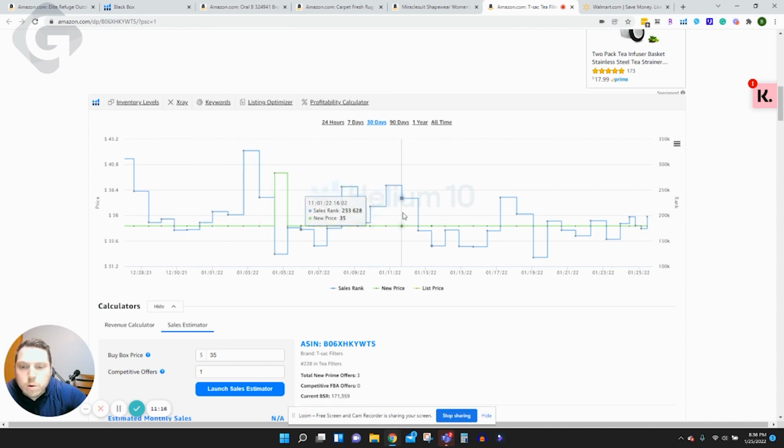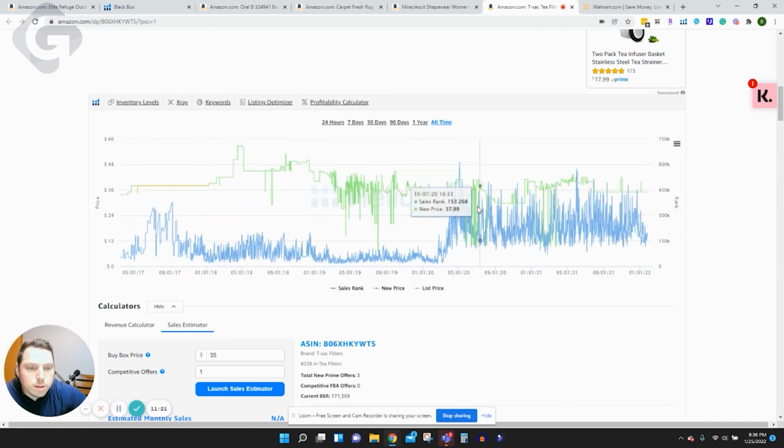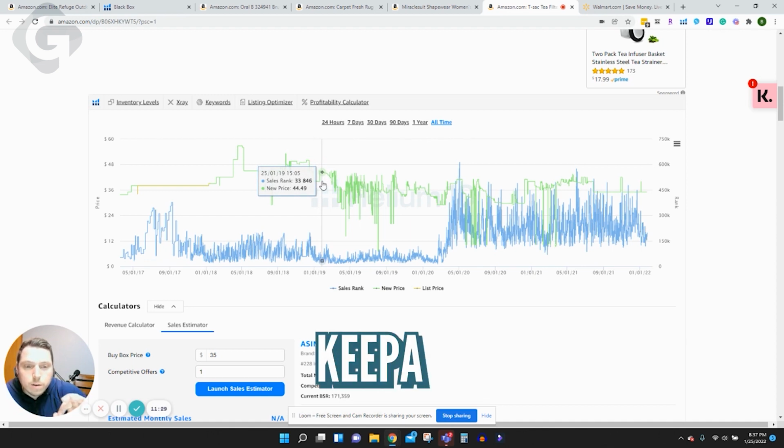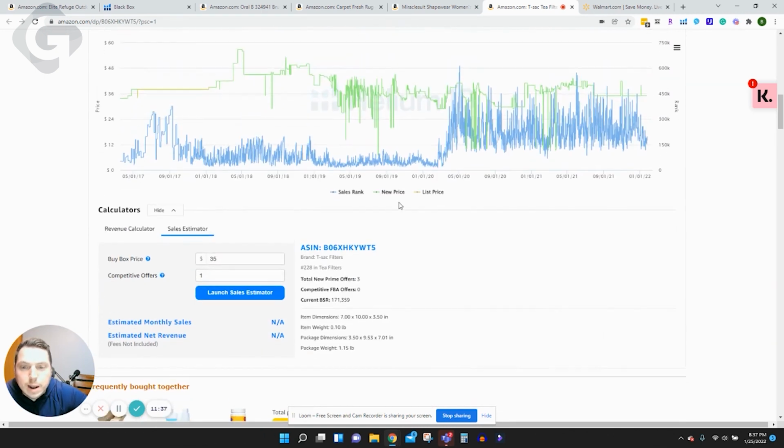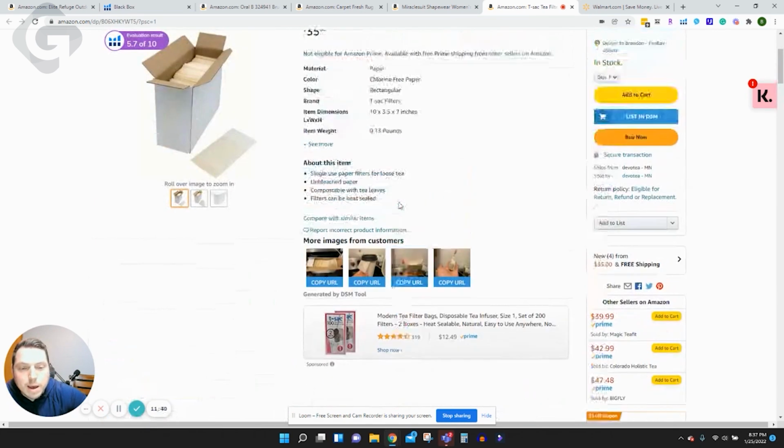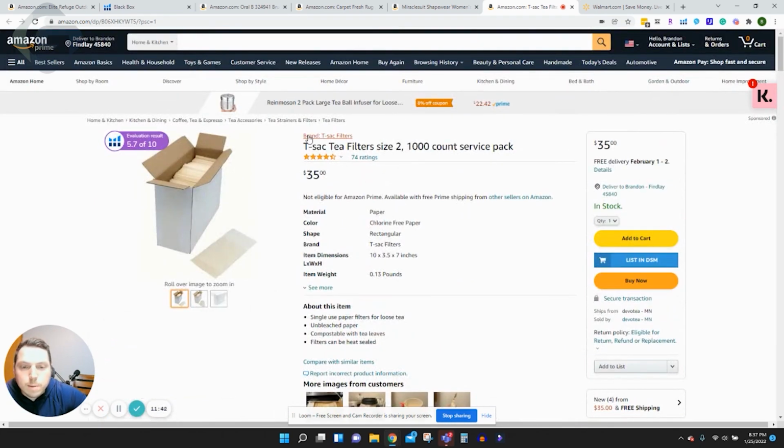Always look at your Helium 10 chart, Jungle Scout as well. Make sure that the sales make sense. Look for any seasonality. And if you want to take it a step further, download Keepa and confirm: has Amazon been selling it ever? Are they selling it now? Will they come back at some point if they're not selling it right now, but they have sold it in the past? Those are all things that you're looking for right here.